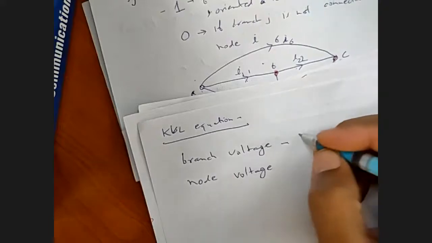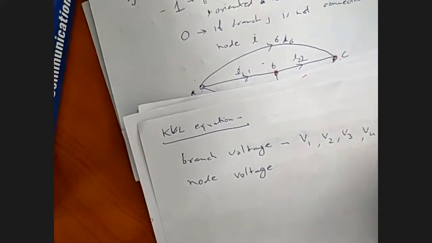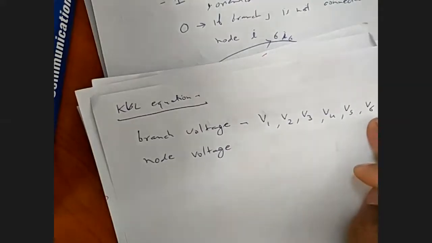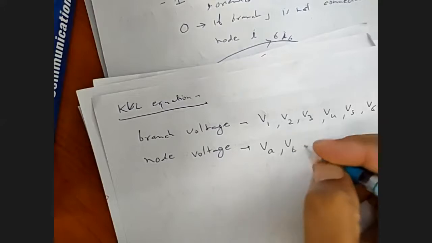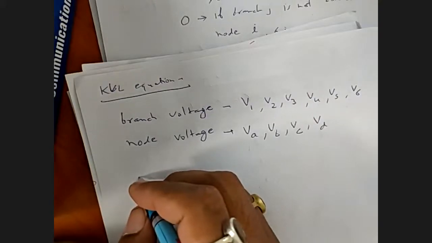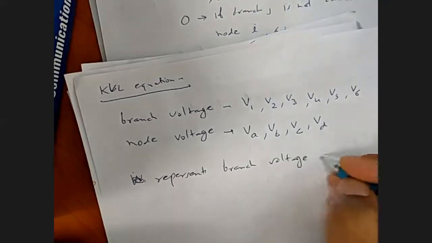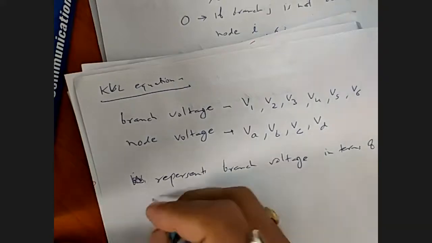So we take branch voltages as V1, V2, V3, V4, V5 and V6. There were 6 branches, so 6 voltages. And at every node we give a voltage: VA, VB, VC and VD. Now your incident matrix will represent branch voltage in terms of node voltage.